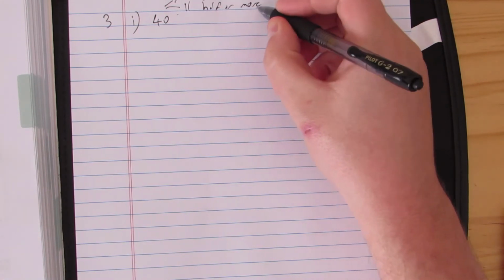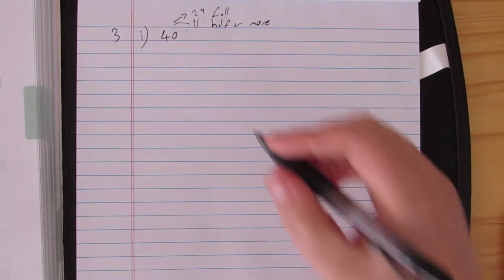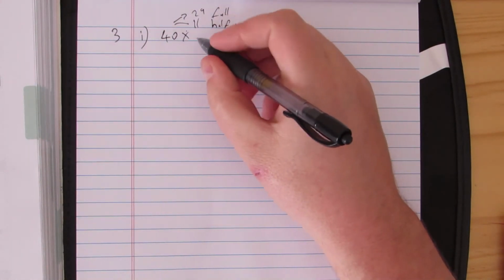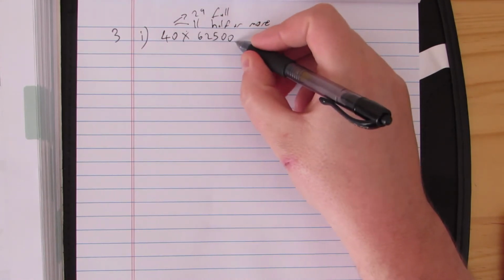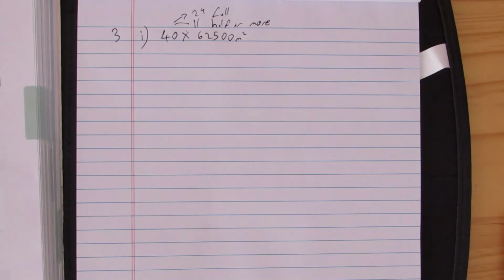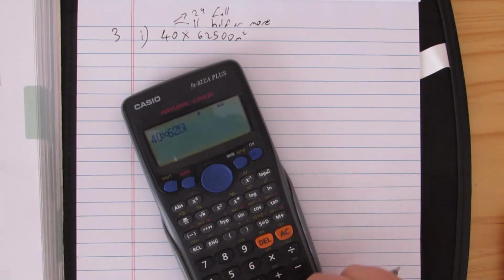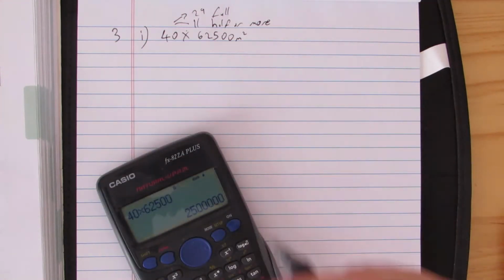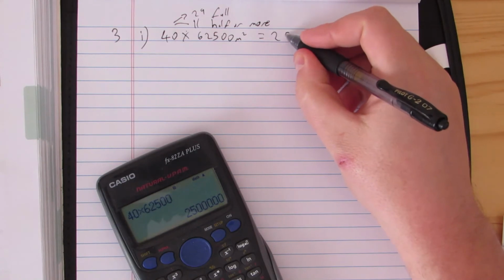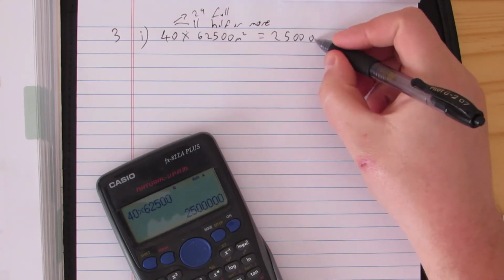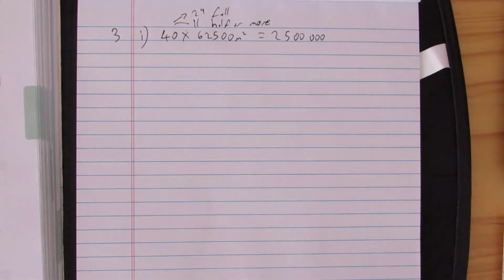I'm just going to make myself a little note here of how many blocks I've got. Each one of these blocks is 62,500 square meters. So 40 times 62,500 gives you 2.5 million square meters.